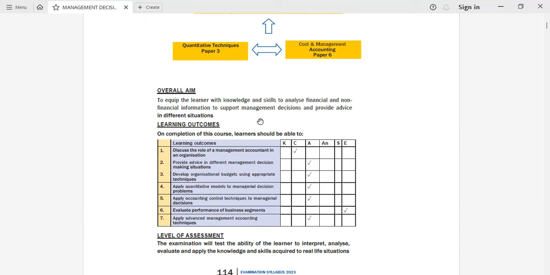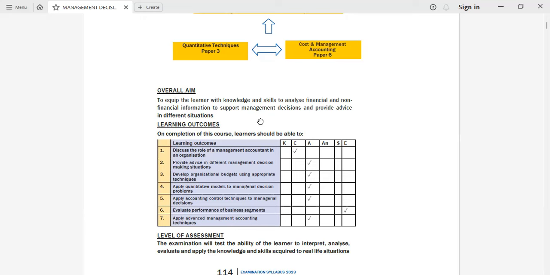The knowledge you've got in another paper can help you do another one. Just like you see some of the topics are cutting across. Maybe risk analysis is cutting across everywhere. You find it in financial reporting, in financial management, in financial accounting.